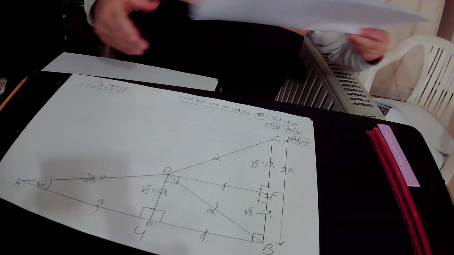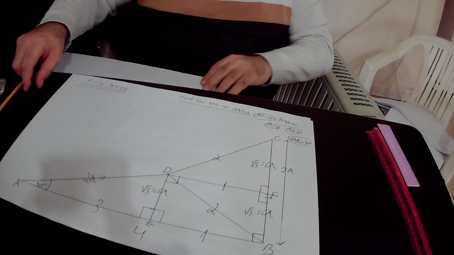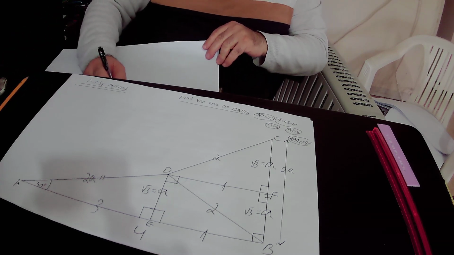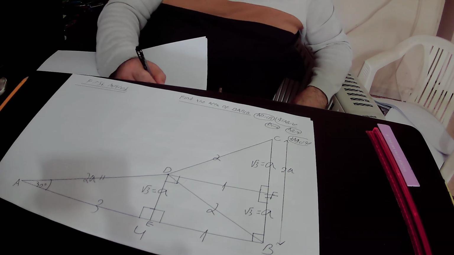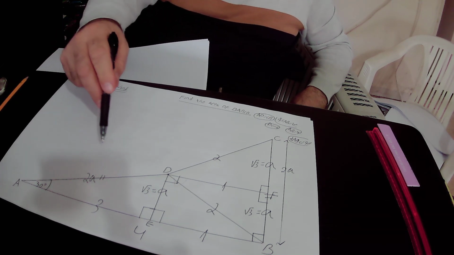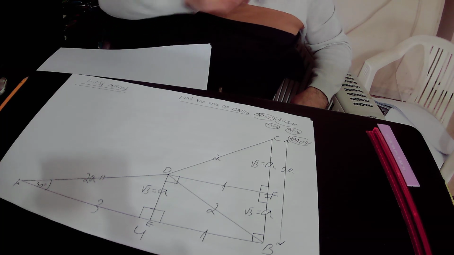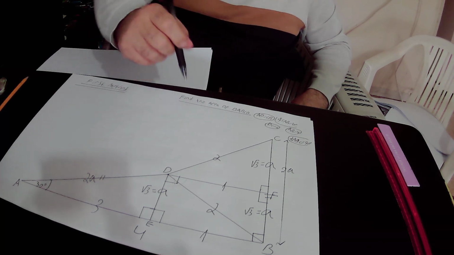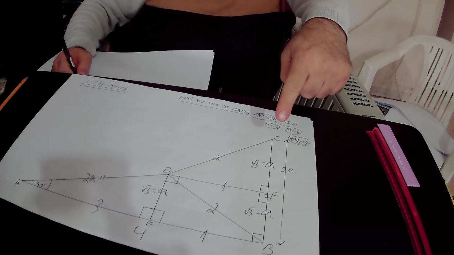The area of quadrilateral ABCD will be equal to the area of triangle ADE plus the area of rectangle DFBE plus the area of the right triangle, triangle DCF.